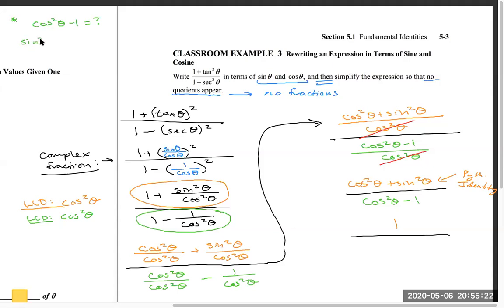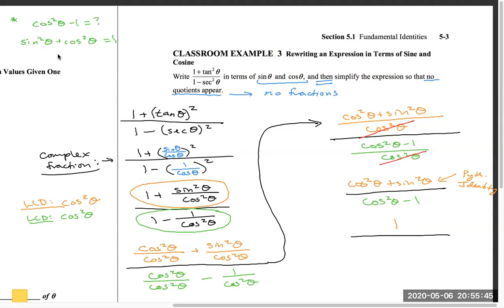Start with sine squared theta plus cosine squared theta equals 1, since that's the identity that relates cosine squared theta and 1. So actually solve for cosine squared theta minus 1 on one side.